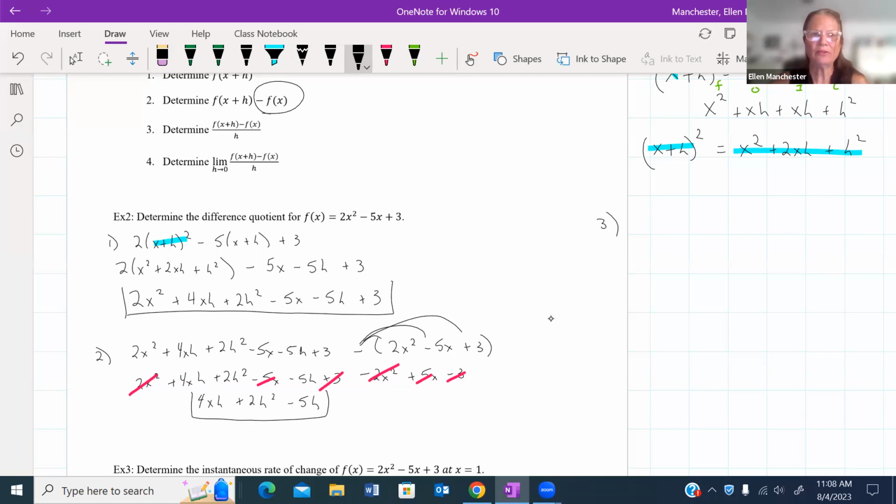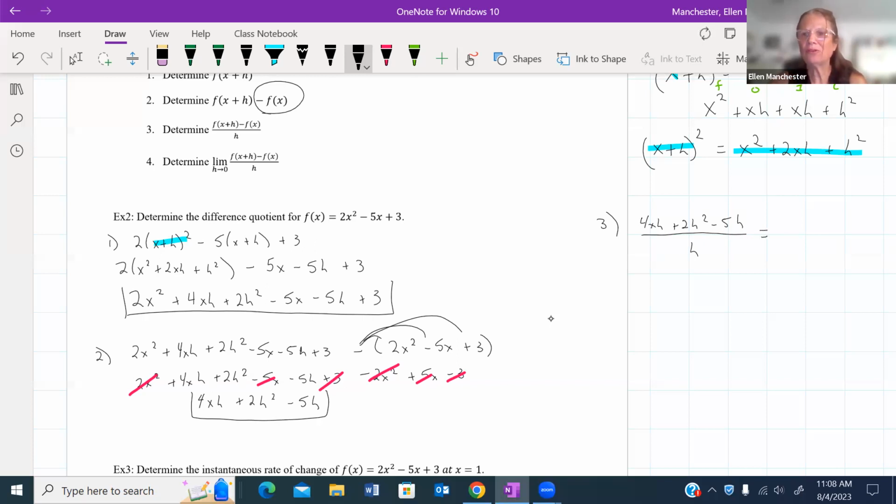Step 3 says, take your answer to step 2 and divide by h. So I'm going to take my answer for step 2. And you can see this is just all algebra. That's all this is. From this point on, it's just distributing. It's FOIL and then distributing. And now I'm adding like terms. I'm pushing that negative through and adding like terms.